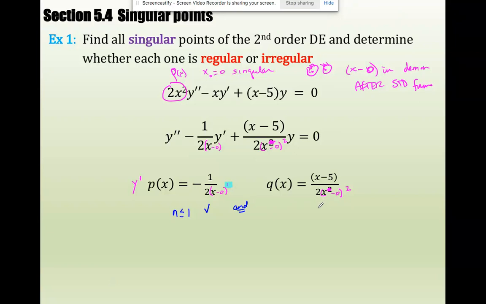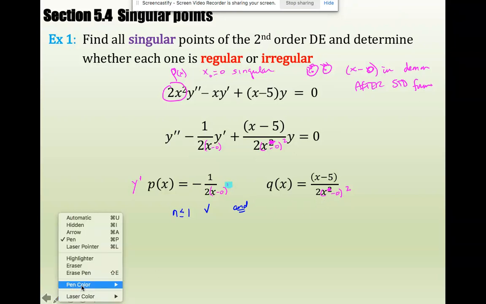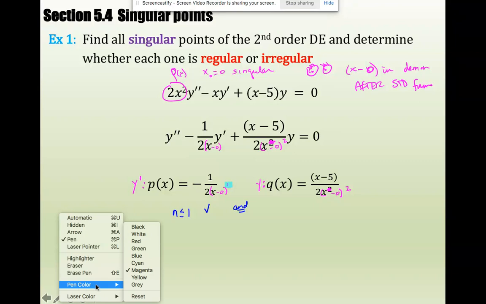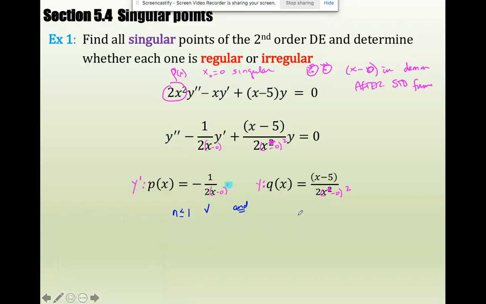And in the coefficient of y, the power of x minus your singular point needs to be less than or equal to 2. Is it? Check. Therefore, zero is singular but regular. So I have hope.